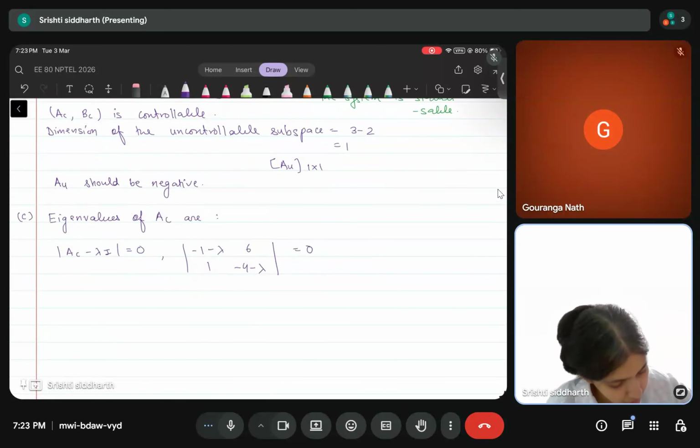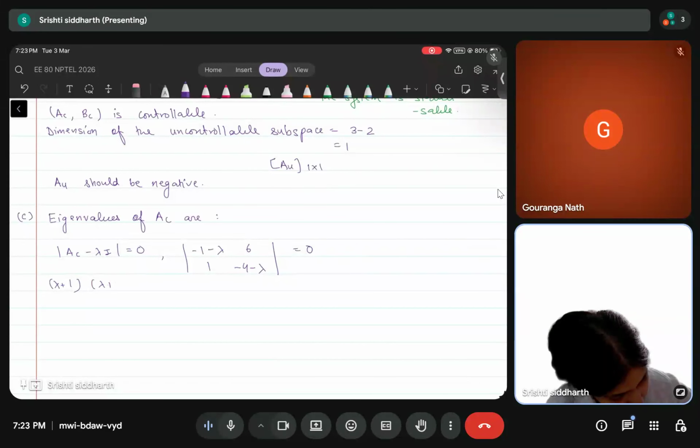So we get lambda plus 1 times lambda plus 4 minus 6 equals 0.